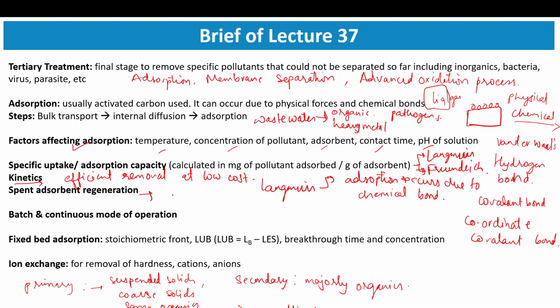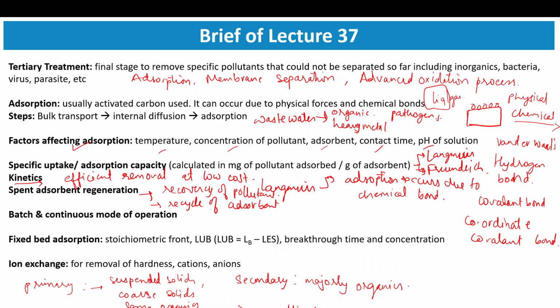So here you need to either have recovery of pollutant so that you can use it elsewhere or it can be recovered into some useful form, and also the adsorbent will be recycled and can be further used for the next cycle of adsorption: recovery of pollutant and recycle of adsorbent.